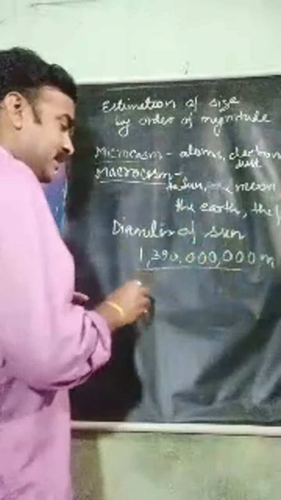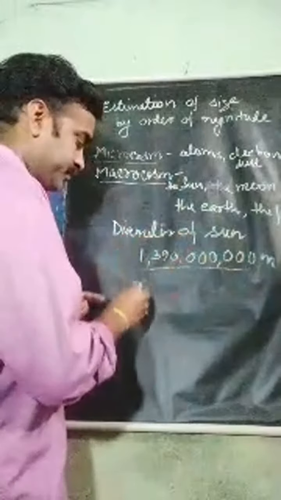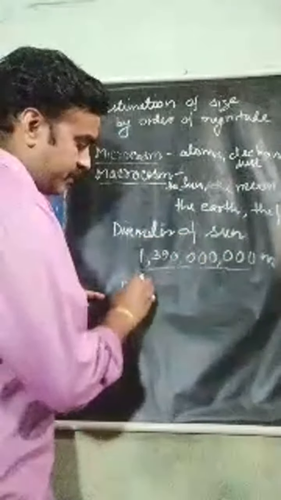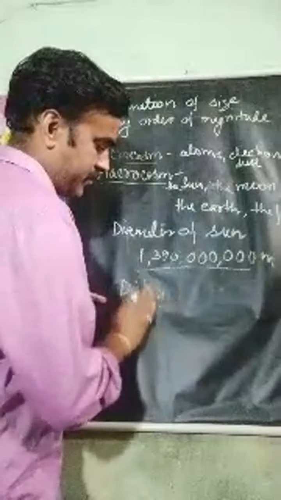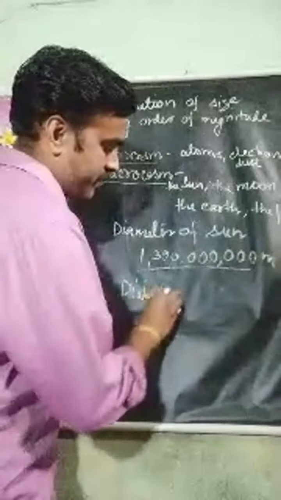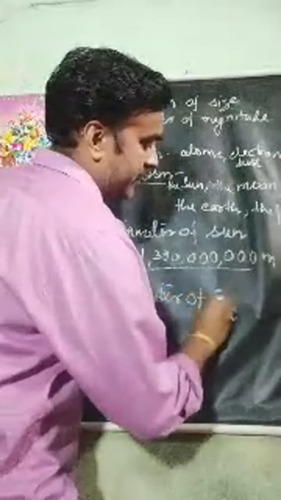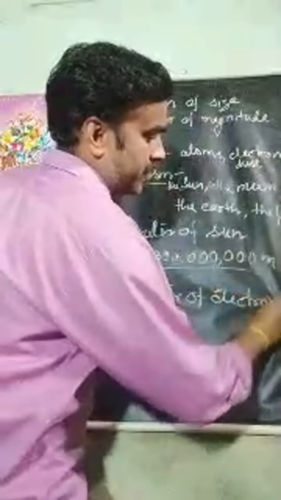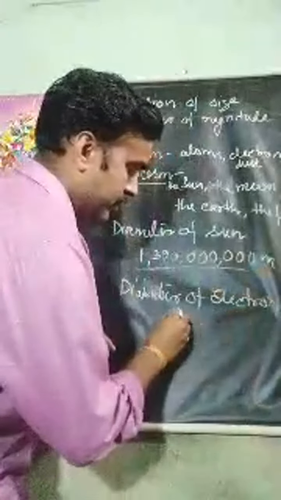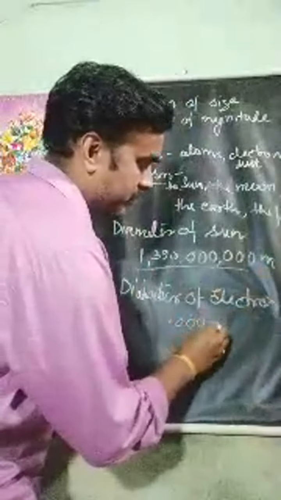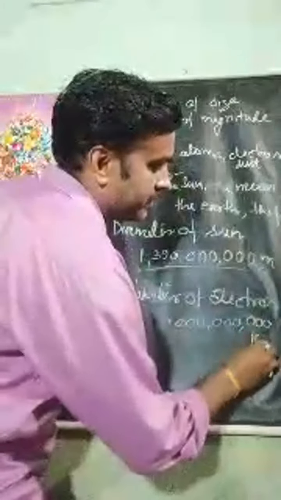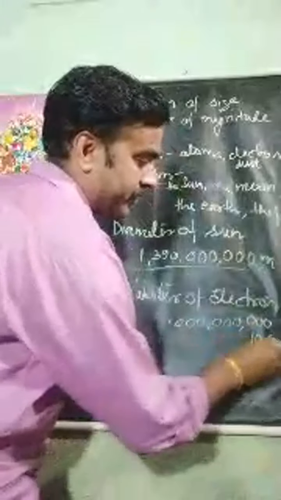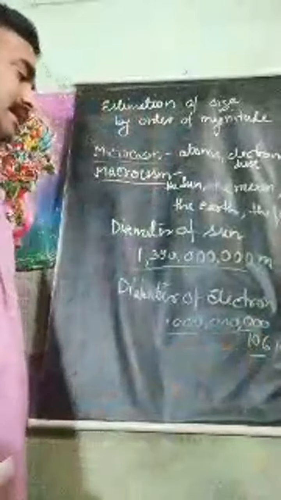Similarly, if we take the example of a smaller object, the diameter of the electron, how much is it? It is 0.00000000106 meter.